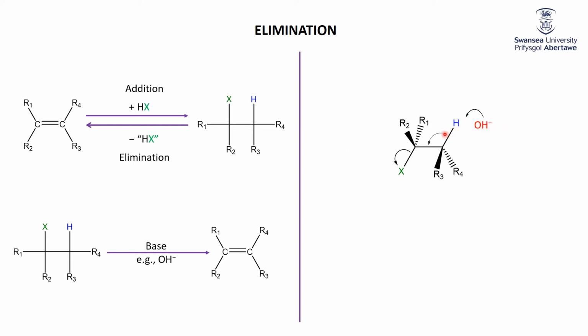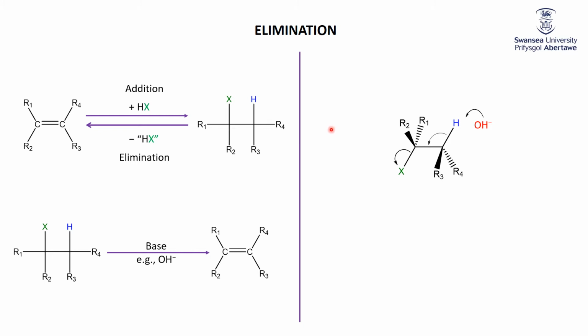Hydroxide in with electrons, electrons there, one step reaction. So although I'm not specifying that, this makes this an E2. It's an elimination, E, and it's second order because you've got to worry both about the concentration of the base coming in, the concentration of the nucleophile, and the concentration of the alkyl halide.